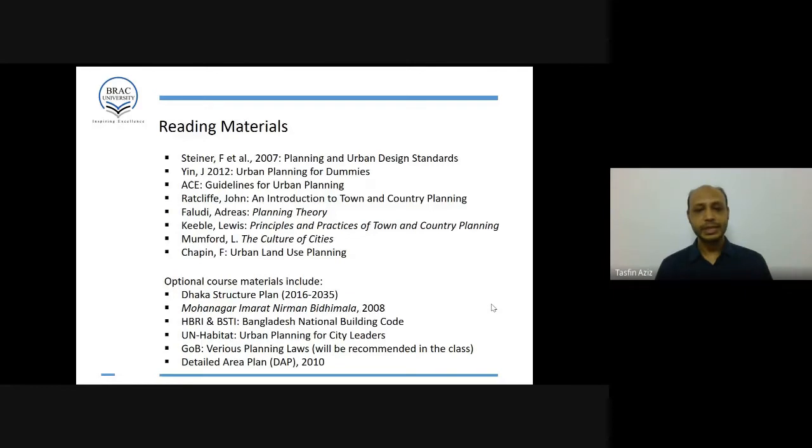We'll also discuss and consult the Bangladesh National Building Code, and we'll be happy to consult a global document, Urban Planning for City Leaders, produced by UN Habitat, and some other planning laws, recommended based on the class requirement. Most of all, these theories and everything will somehow be negotiated with our current Detailed Area Plan.